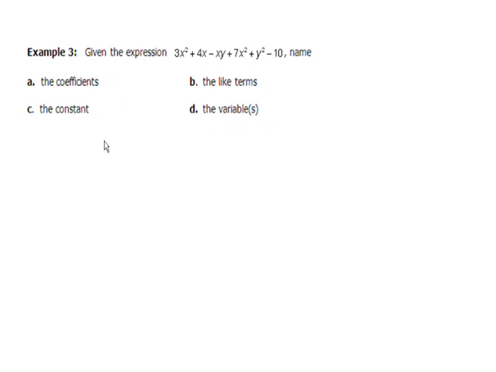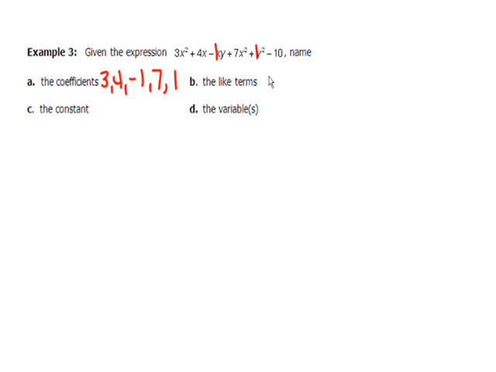Let's do a little quick vocabulary. So in this expression, we need to name the coefficients, the constants, the like terms, and the variables. Coefficients are numbers in front of variables. Variables are the ones with the letters. So my coefficients would be 3, 4, negative 1, because this negative has an understood 1 here, 7, and then a positive 1, because there's a positive 1 here in front of the y squared. All right, my like terms are the ones that are the same.